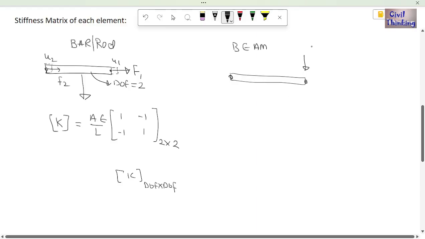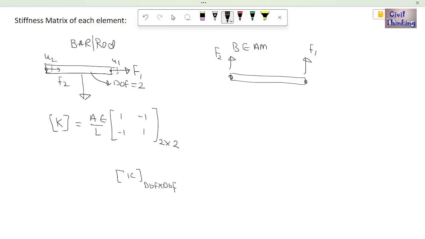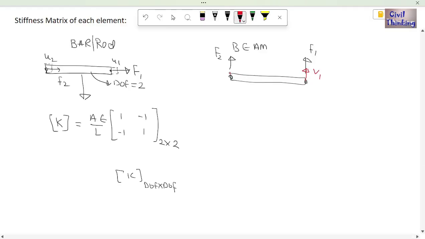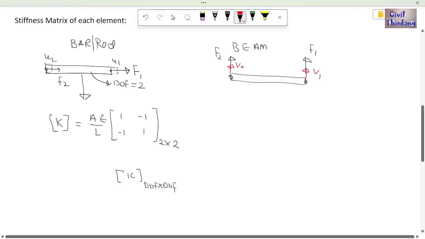Let us say here the force is F1 and here the force is F2. Because of these forces, there is going to be some transverse displacement. If I show it with a red color, here it is going to be V1 and here it is going to be V2.